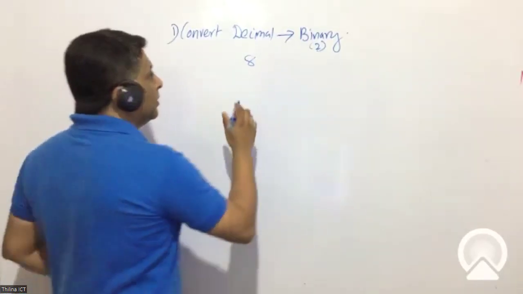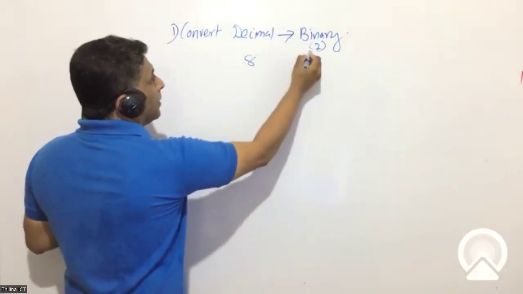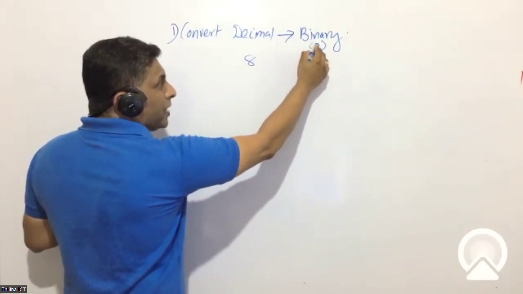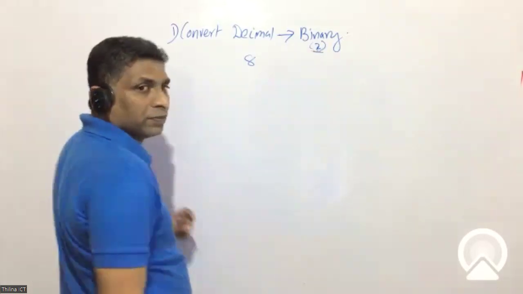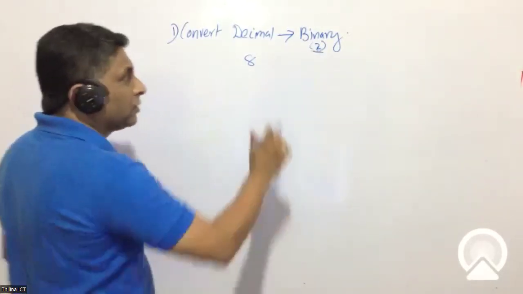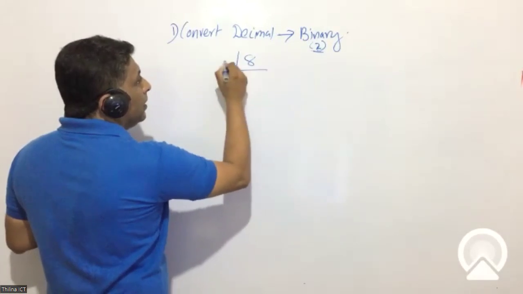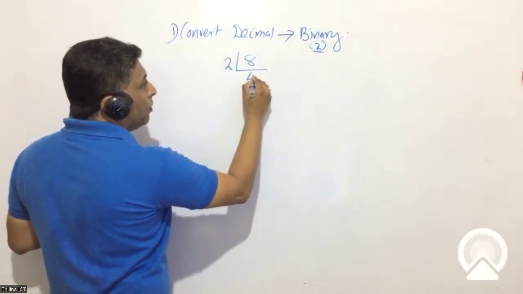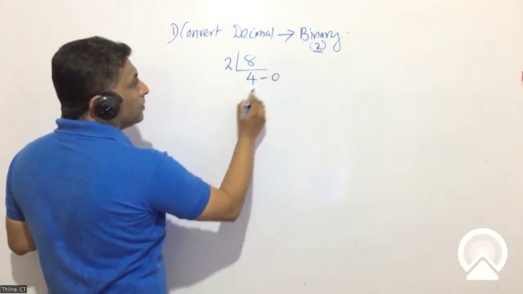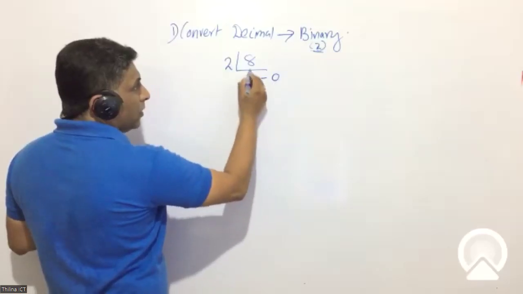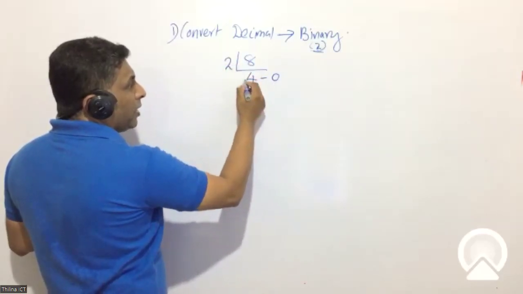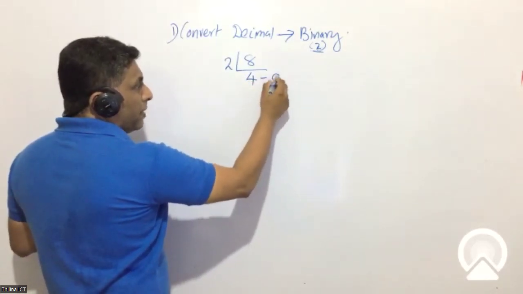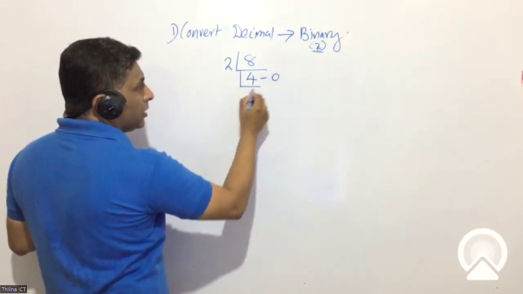Because we want to convert into binary, that's why we divide by 2, that's the base. So here, we divide 8 by 2, we get 4. What's the remainder? 0. 8 is exactly divisible by 2. The quotient is 4 and the remainder is 0.